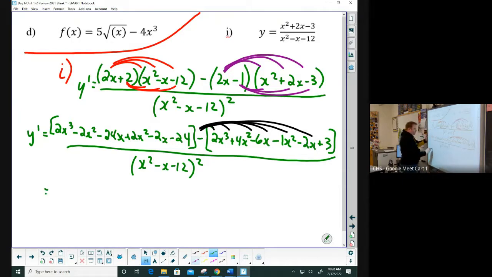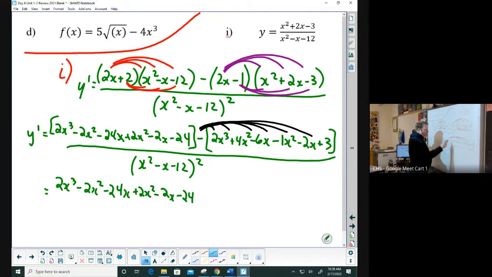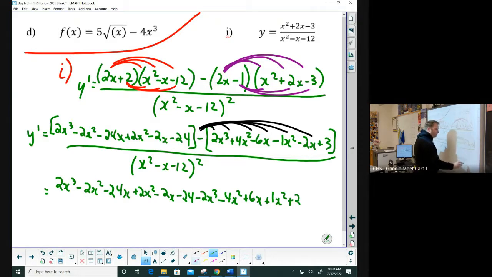So 2x cubed minus 2x squared minus 24x plus 2x squared minus 2x minus 24. Now I'm going to start rainbowing the negative. So this becomes minus 2x cubed minus 4x squared plus 6x plus 1x squared plus 2x and minus 3.